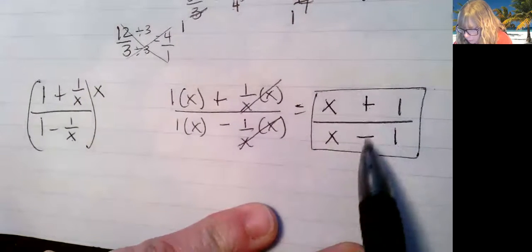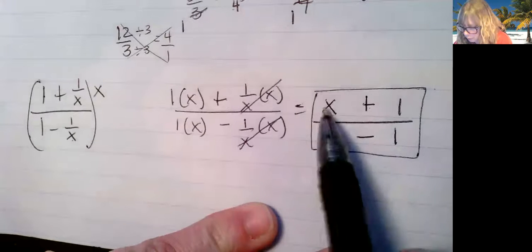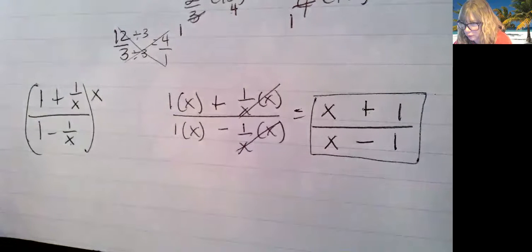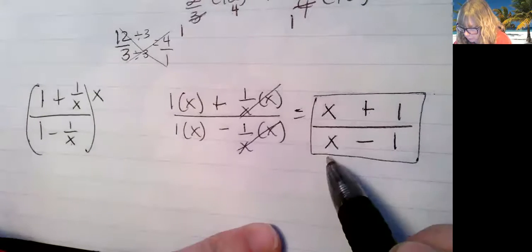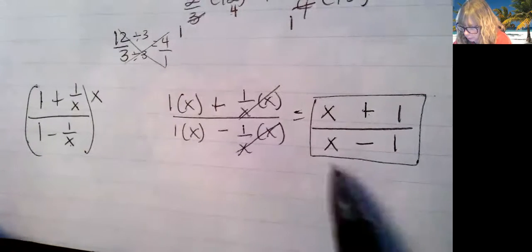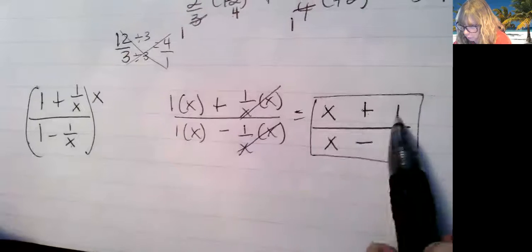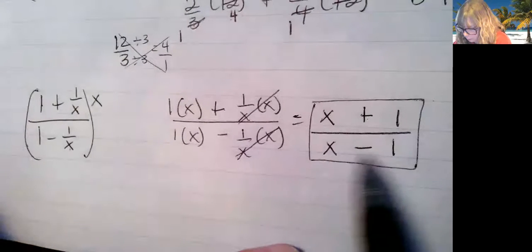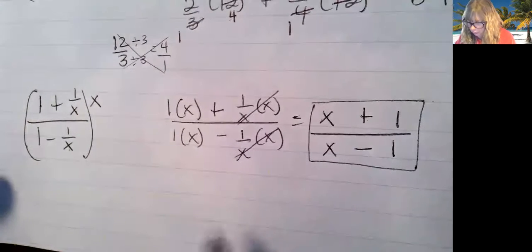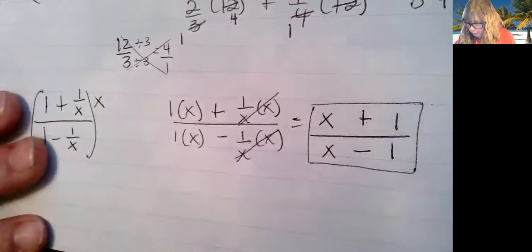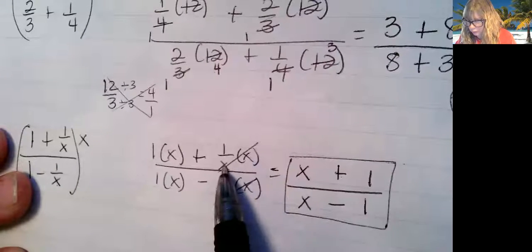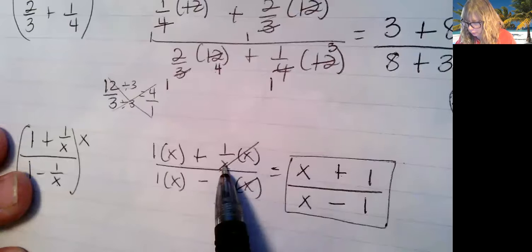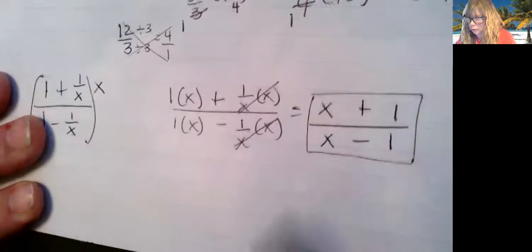If these are separated by minuses or pluses, then these are a group, which means they have to stay together. So you can't cancel these off because these two actually are married, I should say. The same with this. The only time you can cross them off is if they're multiplied together. Then it's okay to do that. But when they're added or subtracted, that's as far as you can go.